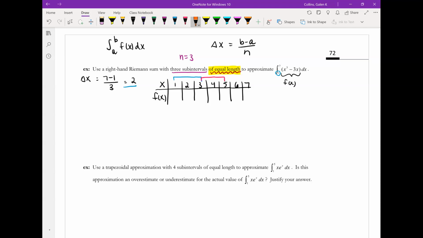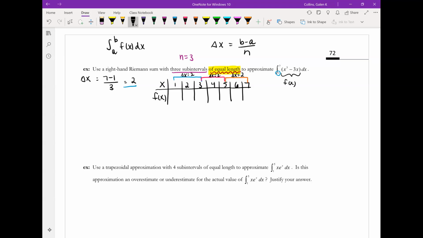Then my third rectangle starts at 5, and 5 plus 2 equals 7. So I can check that my delta x is 2 for each rectangle, because we increased by 2 from the left boundary to get to the right boundary.